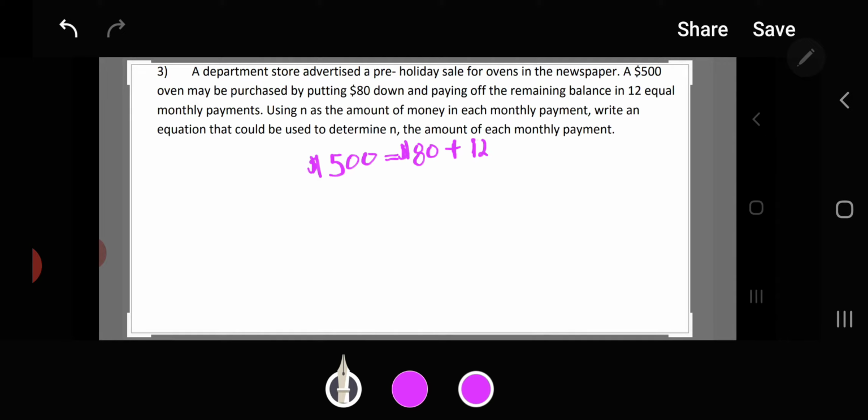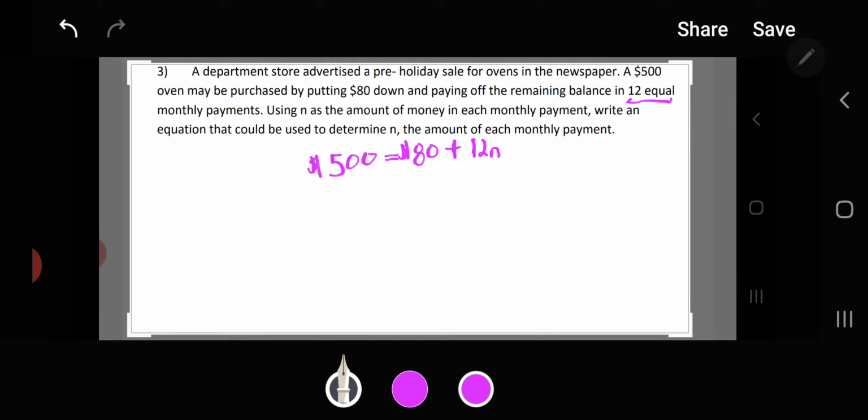And we're going to represent that with N. N is the amount of each monthly payment. We don't know what the monthly payments are. We're trying to figure that out. We're letting that represent N. So, 12 times N. Because if we took his monthly payment and multiplied it by 12, the 12 equal payments he has to pay, and we add it to $80, we know it should equal $500. So this would be our equation right here.